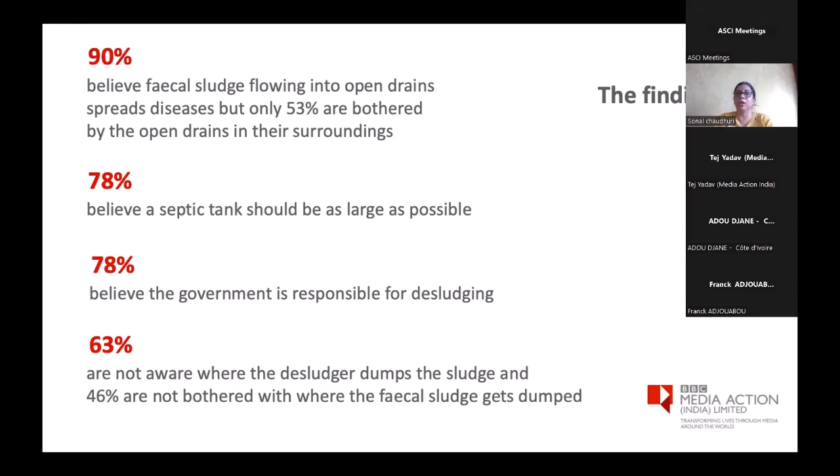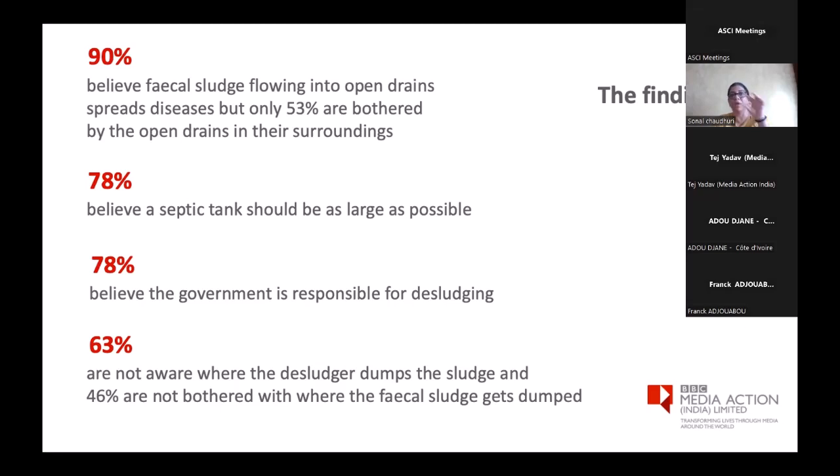The findings showed us that 90% of the respondents were aware that fecal sludge flowing into open drains can cause diseases, but only 53% were concerned about it, because the rest did not even realize that this fecal sludge going through open drains is flowing into rivers, and it is actually coming back to them to cause water contamination and then give them diseases.